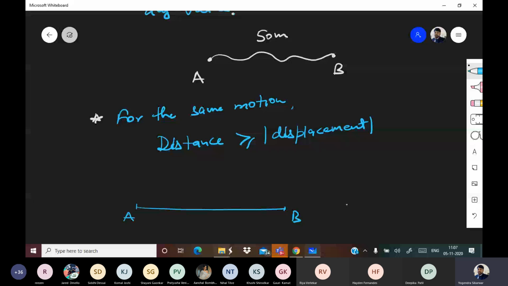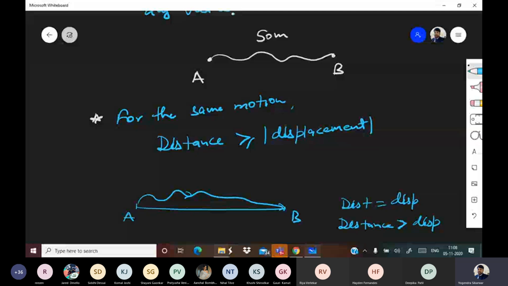Suppose it is going like this, then you can automatically say that distance is more and displacement is less. So distance equals displacement only if an object moves along a straight line without changing its direction. This is very important.